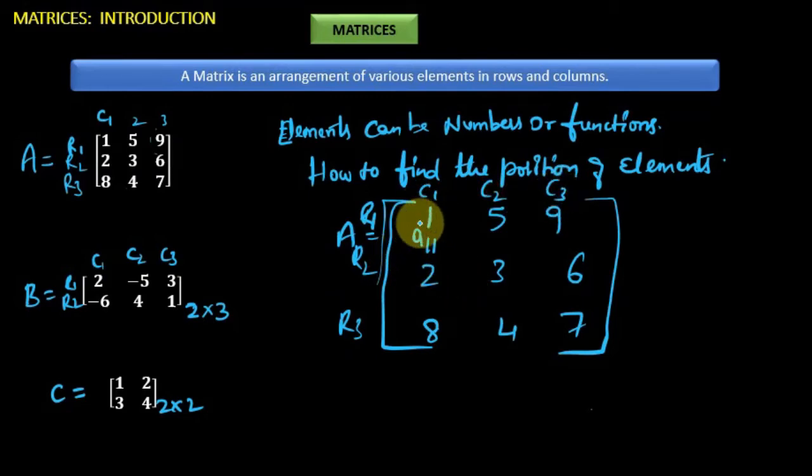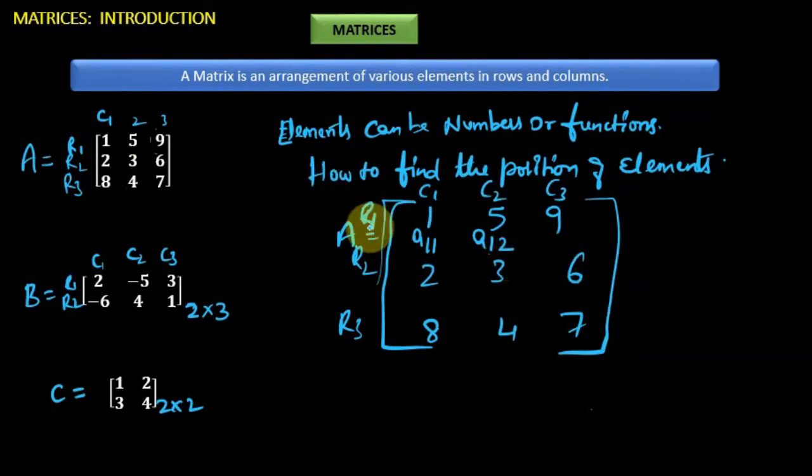If you observe, 1 is present at first row and first column. What about this 5? 5 is in first row and second column. First we write the row number, and the second term represents the column number.